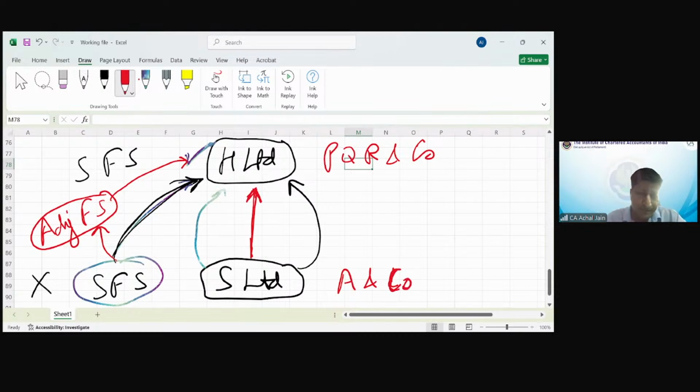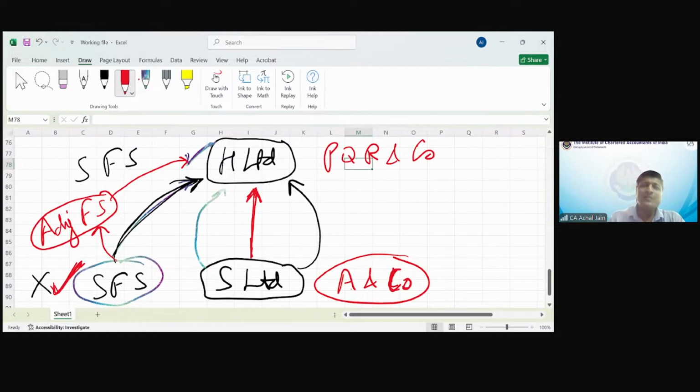Now in this case, again, one will have to assess what is the scope of A and company. Whether the scope of A and company is only the statutory audit of separate financial statements, or does it also include audit of the component for consolidation purposes, which is generally there. But at times this scope may be picked up by the parent auditor only. That you ask them to provide the financial statements, the adjusted one, and we will check that at the corporate level.